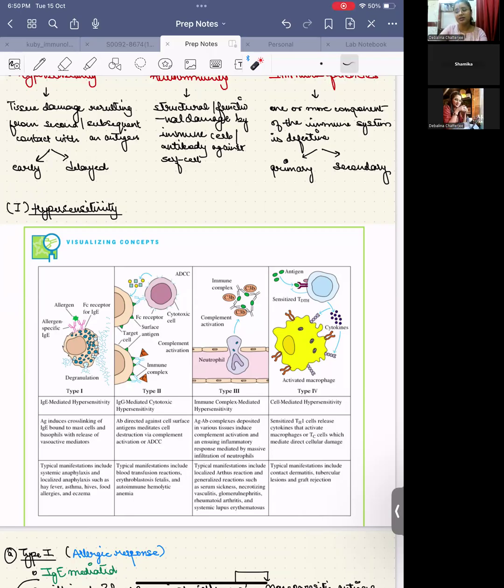Or if the response time is somewhere in some days or multiple hours, then it was classified as delayed type hypersensitivity.